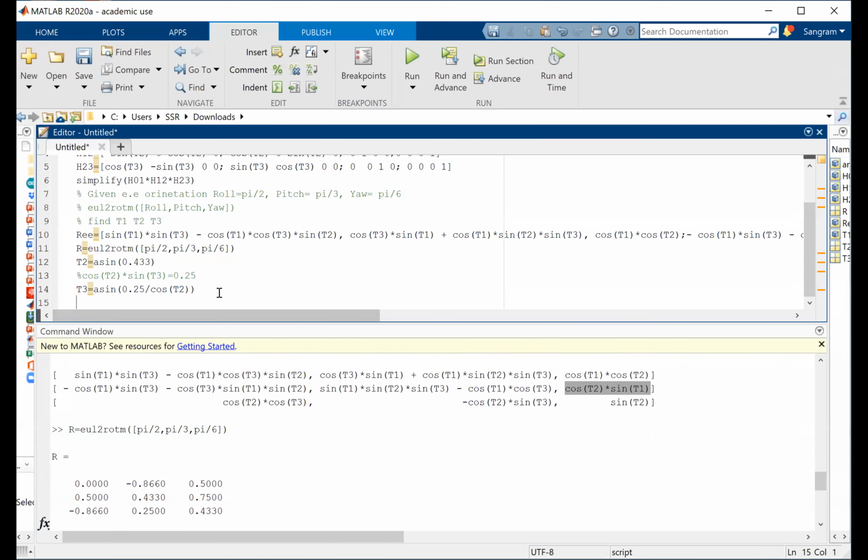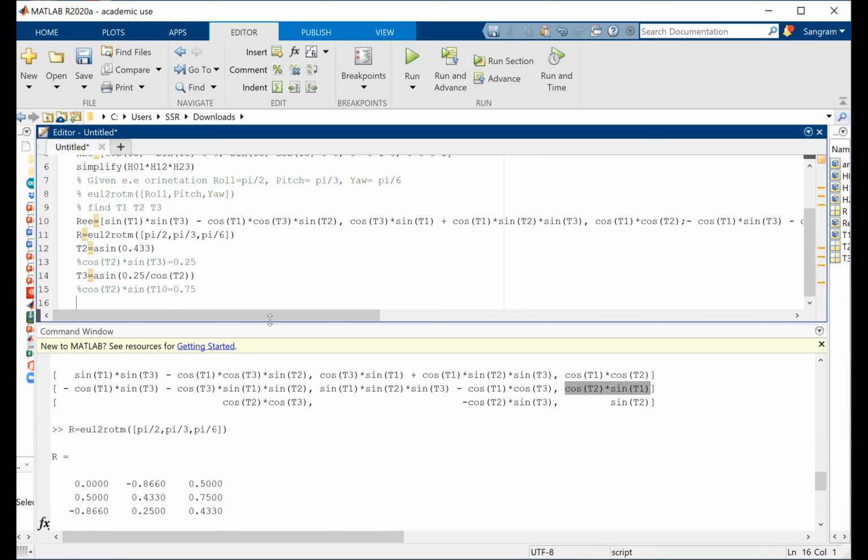If you look at this equation, it's cosine T2 multiplied by sine T1 is equal to 0.75. So what I'm going to do is T1 is equal to asin of 0.75 divided by cosine of T2.